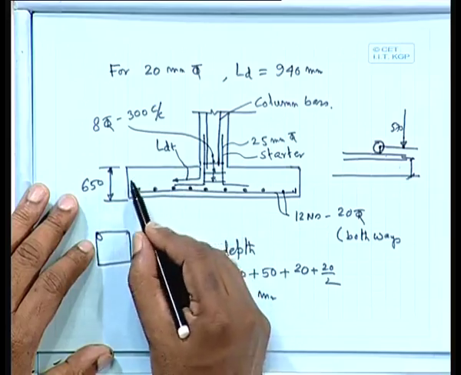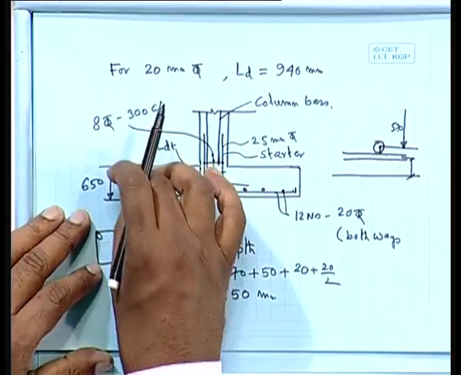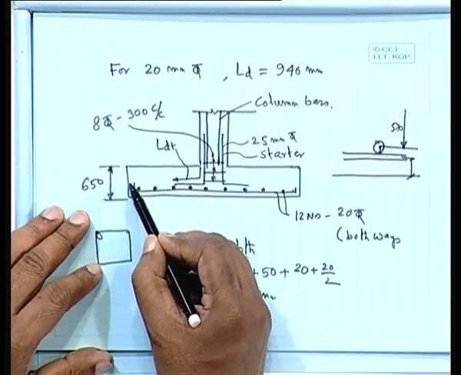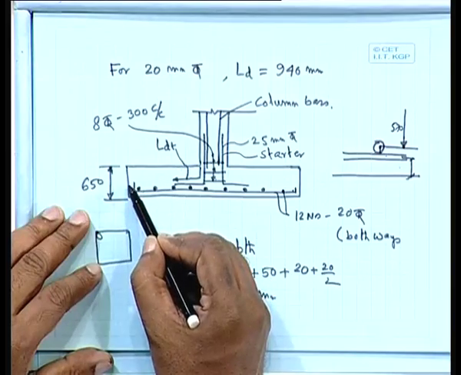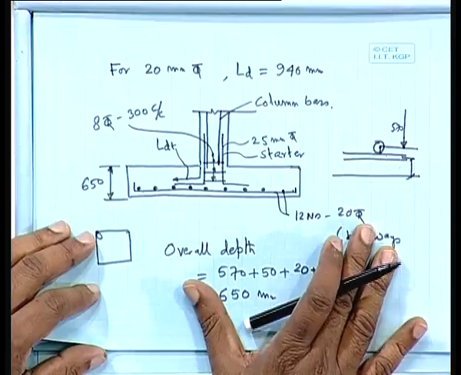Now, we can make it sloped, other things also we can do, but here we are talking about a square footing of this type. We can reduce the depth further, but so far we have not considered that in our calculation.